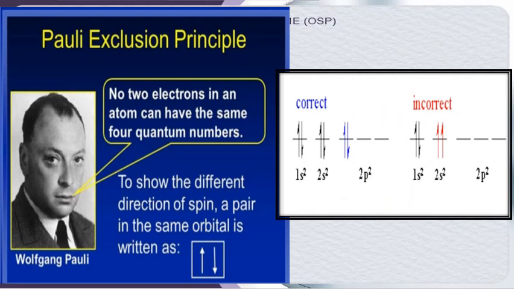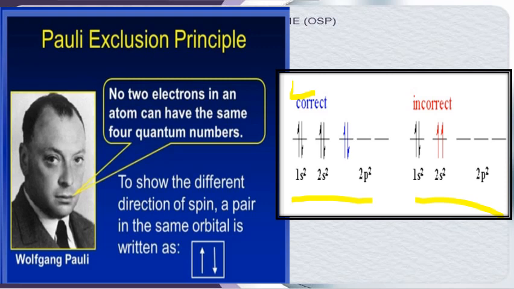Here it is given once again. It shows you how to write the configuration, that is, which one is correct according to the Pauli exclusion principle. You can see in the picture there are 3 pairs of electrons. In the first one, the left side diagram, there are 3 pairs of electrons, each with opposite spin. This is called the correct placement.